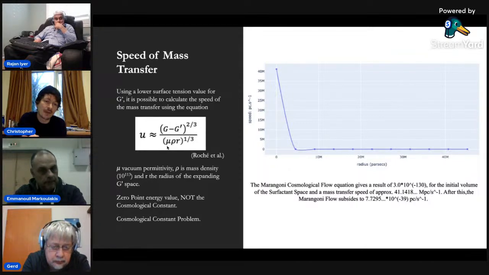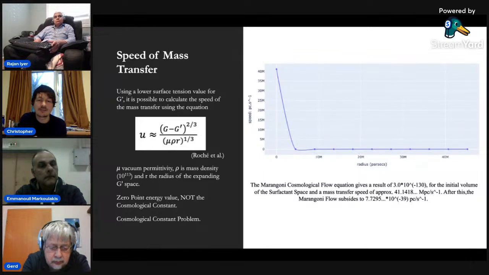Then we have mu, which is the vacuum permittivity, rho, the mass density of space, which in this case has to be 10 to the 113, because that is the zero-point energy value, and it's the only one that works. The cosmological constant value, which I think is 10 to the 19, just doesn't produce correct results at all. And R is the radius of the expanding G space.